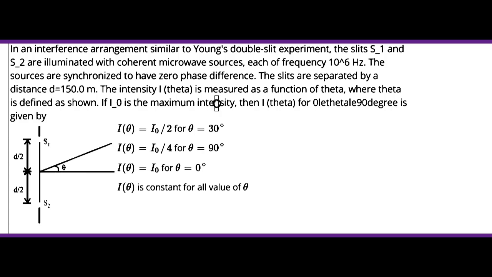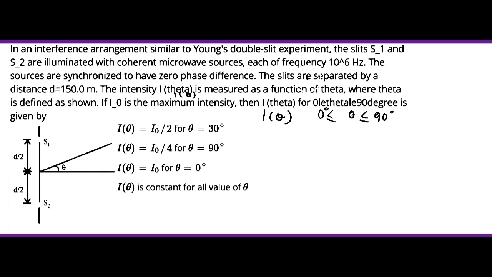If I naught is the maximum intensity, then I of theta for 0 less than theta less than 90 degrees is given by what?